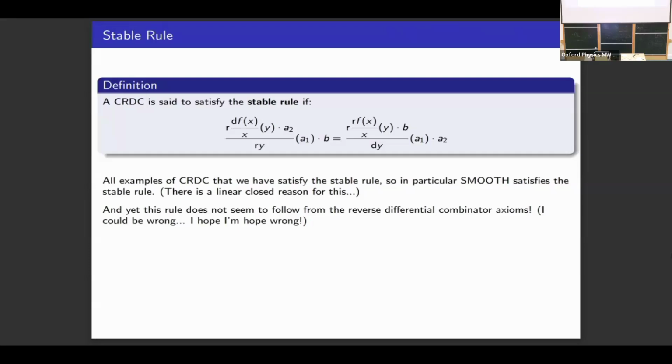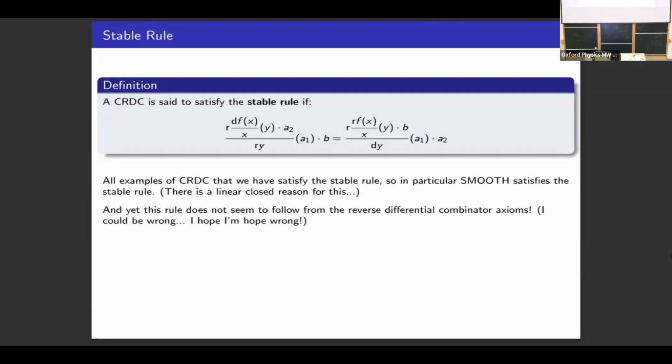Essentially what the stable rule says is that if you forward differentiate first and then reverse differentiate, you can swap them around. It's the same thing as reverse differentiating twice, because again, you're not introducing more copies of A after you've done it once.